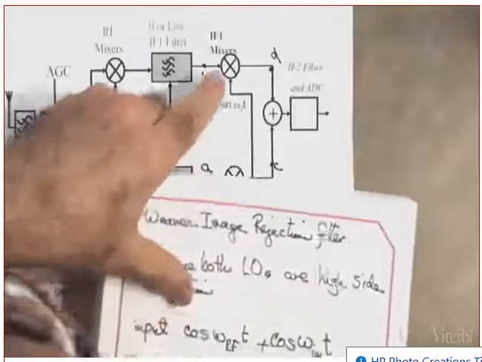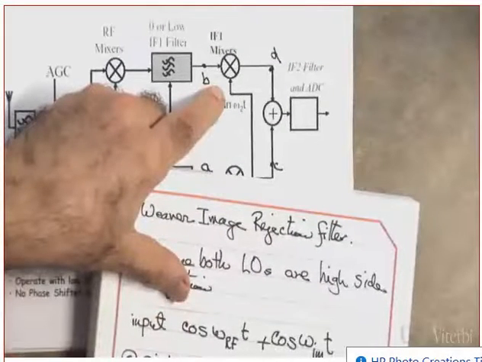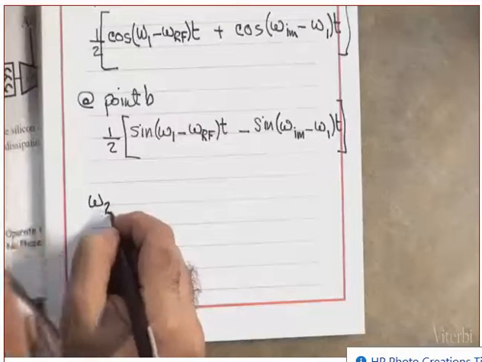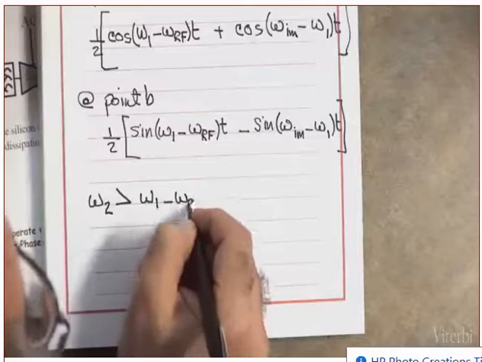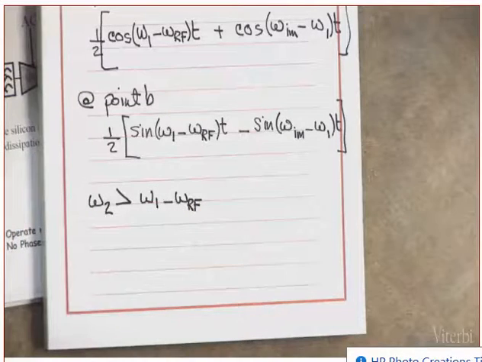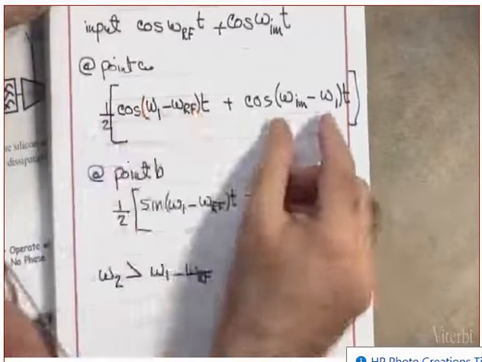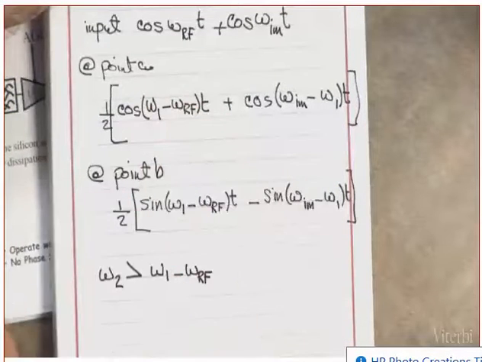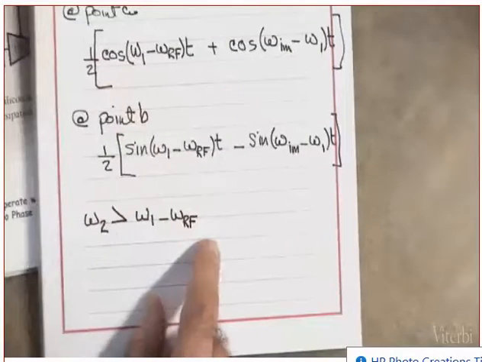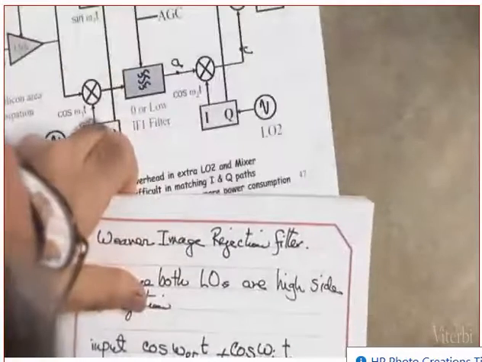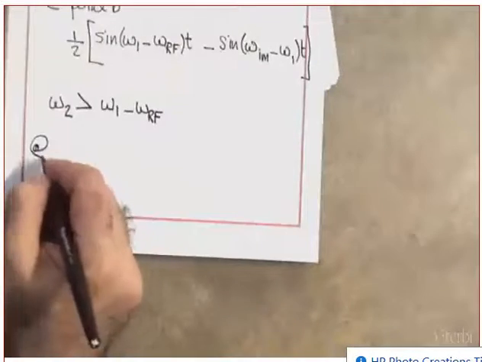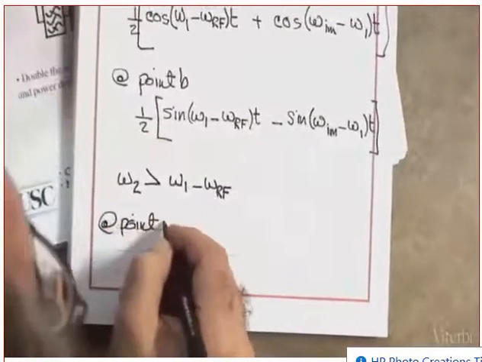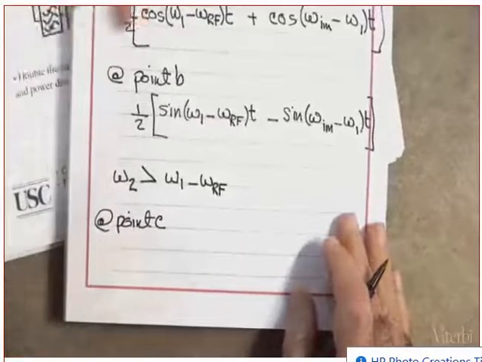Now, again, we are assuming low, high side injection, which means omega 2 is greater than omega 1 minus omega RF. This is now the desired. Don't worry about the others. So at point C, I multiply with cosine.